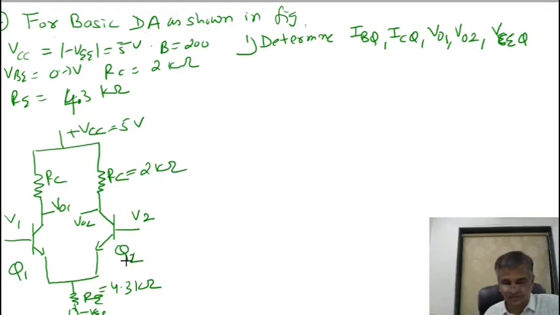Now what is the question? Question is that for the basic differential amplifier circuit, means this circuit, VCC is 5, there is a minus 5 voltage, means you know its magnitude. The beta of this transistor is 200.